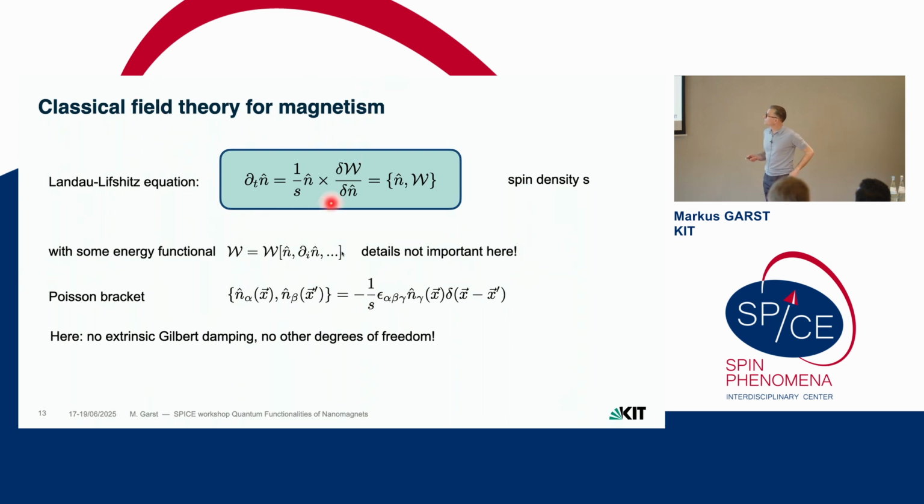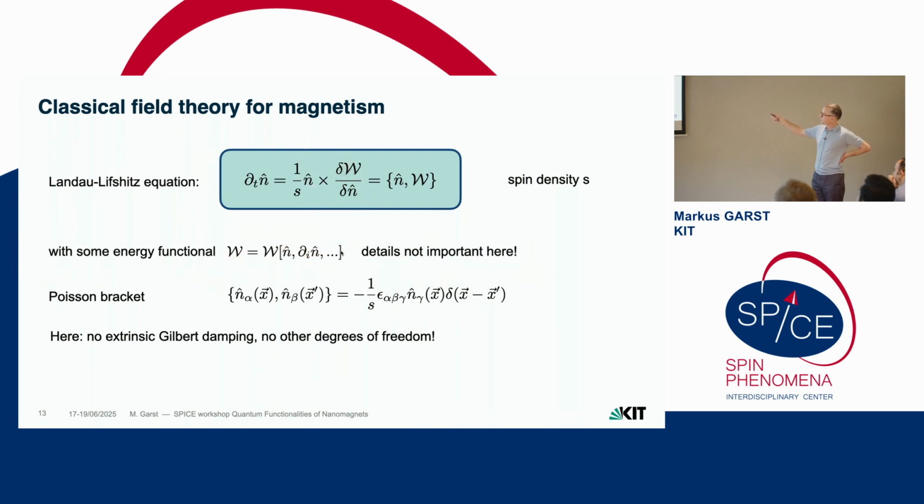We first have to understand the classical field theory for magnetism, and the equation of motion is the Landau-Lifshitz equation on the classical level. This means the time derivative of the local magnetization, the unit vector field, is given by a precession: n cross an effective magnetic field that must be calculated from some energy functional.